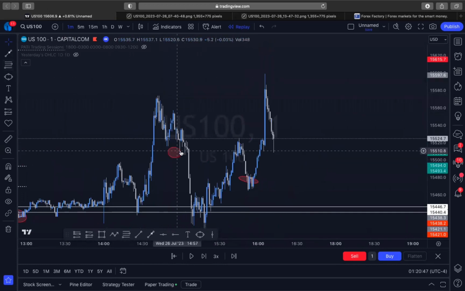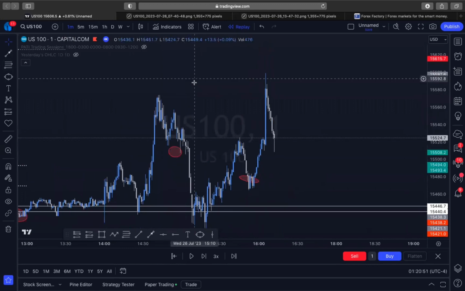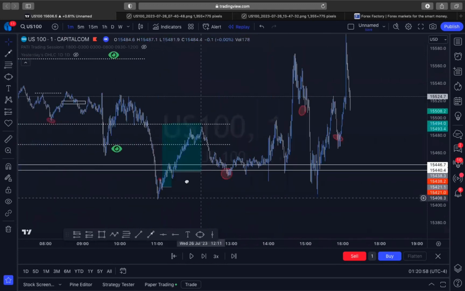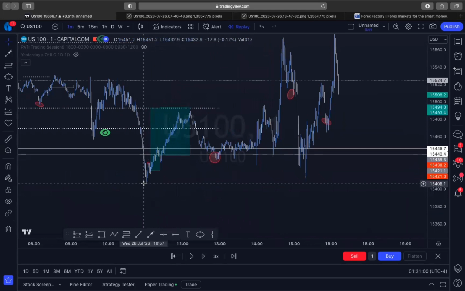Once we dropped down, I entered here. I was confident this wanted to fly up from here, from the 50% right here. It didn't. It dropped down. I left my position open with a mental stop loss right here.